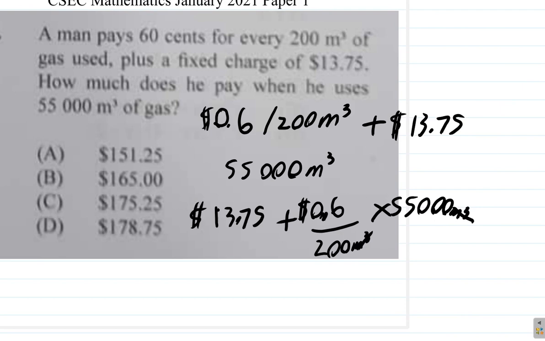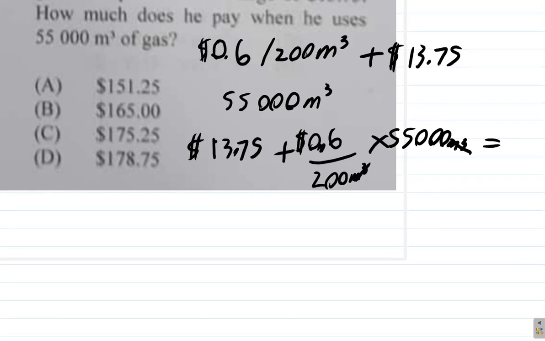I'm going to use this method to do the calculation. So here we have $13.75 plus, we know that there are two 100 in 200, and there are 550 100 in 55,000.